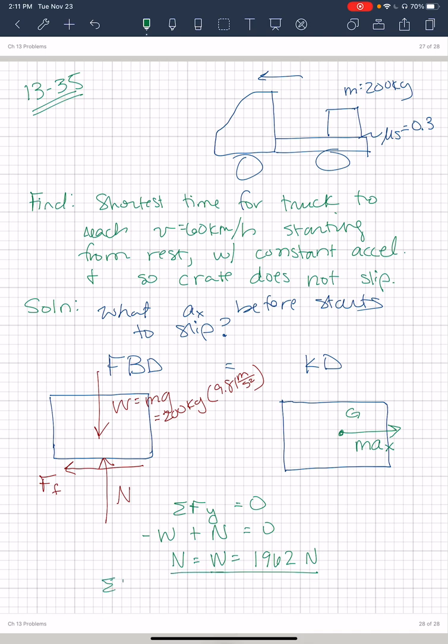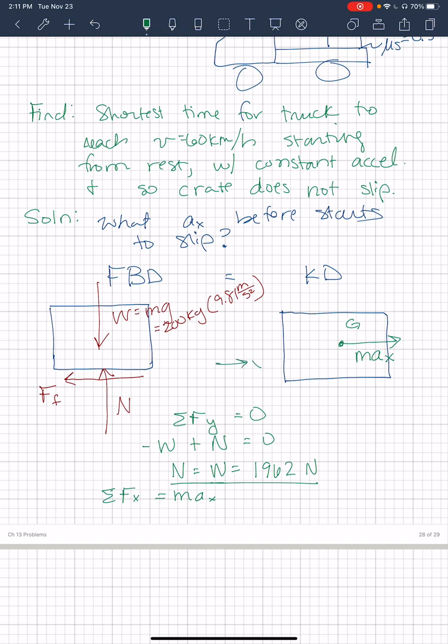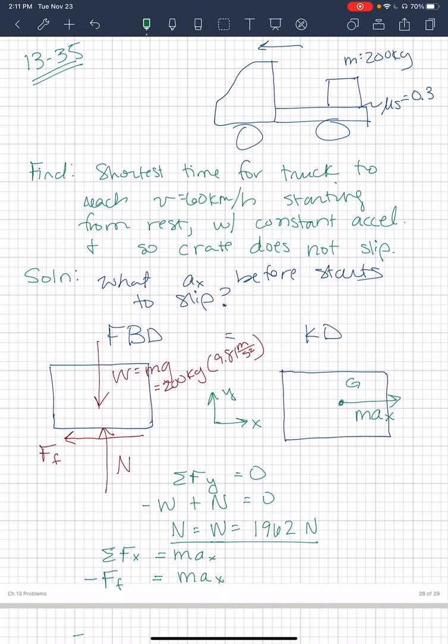If we sum the forces in the x direction, it equals m a x. I guess we should have said that we'll do positive x to the right and y up. So the sum of the forces in x equals m a x. We get negative force of friction equals m a x. And the force of friction is going to equal negative mu sub s times n, and we had that mu sub s is 0.3.